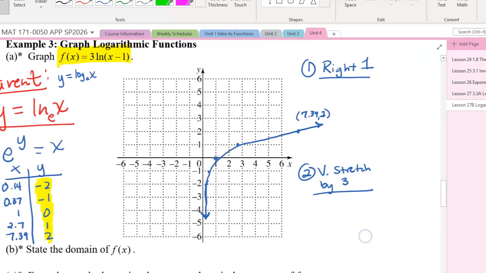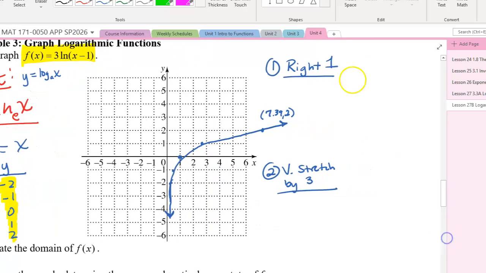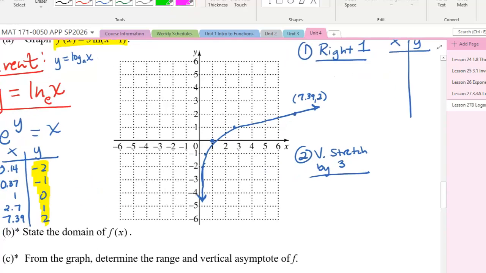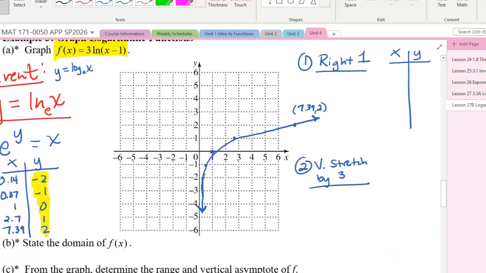So now if we look at the original function we're given, remember that the first thing you do is look inside, and the first transformation I see is there's a minus 1, so 1 is being subtracted from x. This will actually shift the graph right 1 if you remember your transformations. So I'm going to take my table of values, and wherever there was an x, I'm going to add 1, not subtract 1, because we're going right.